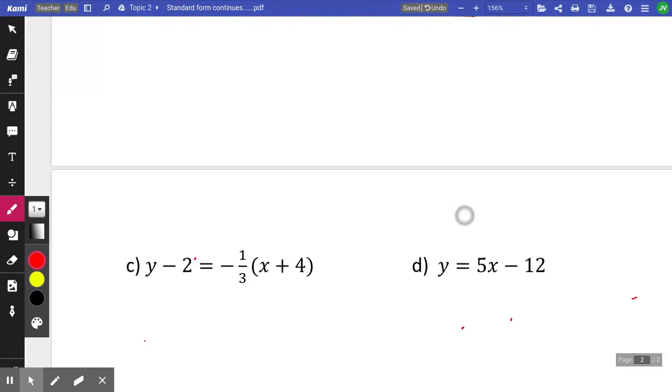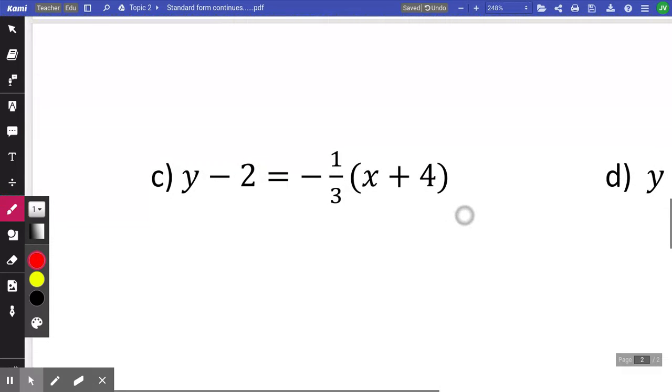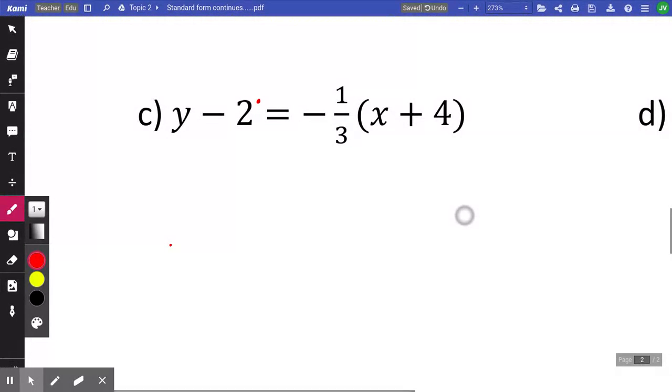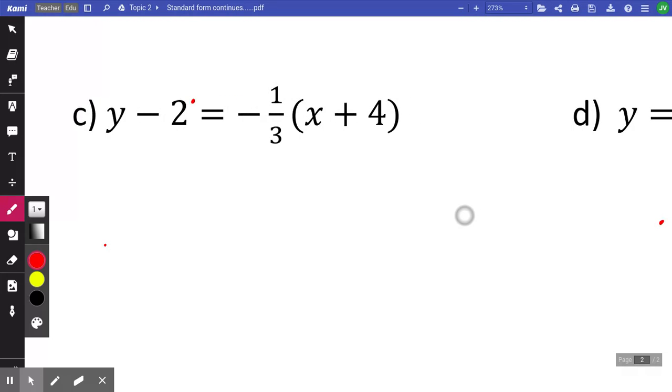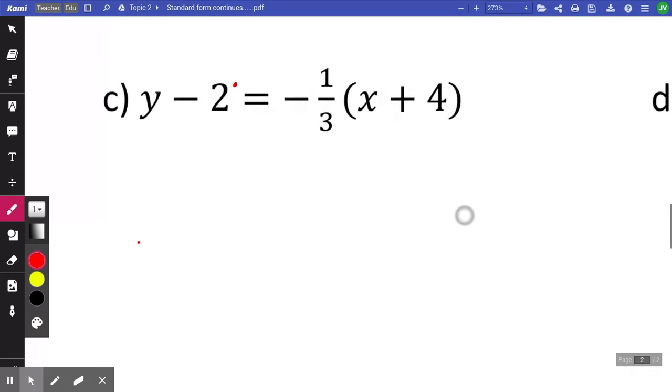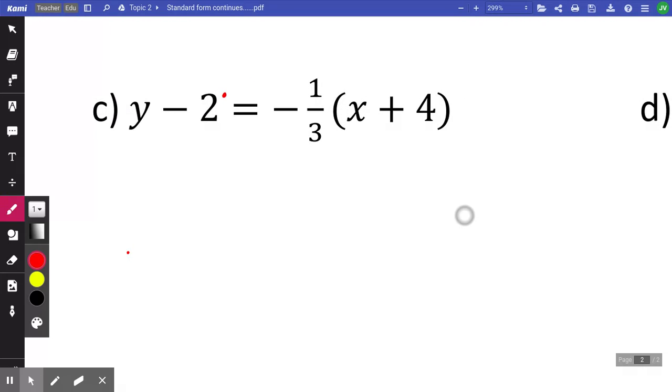Okay, here's another example. This example is in point-slope form, and I will turn that into standard form. There are two ways to approach this, but the simplest way is to cancel this 3 right away. Actually, I'm going to show you both ways so you're not confused. I will cancel this 3 because I don't want a fraction in front of x.